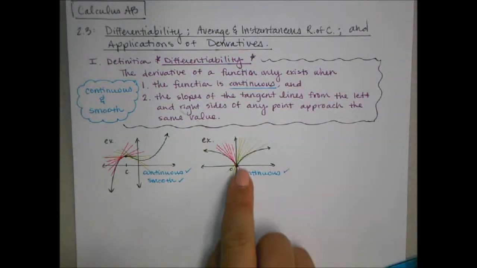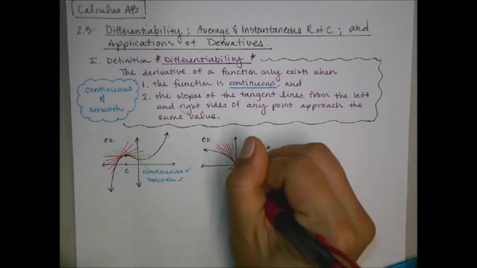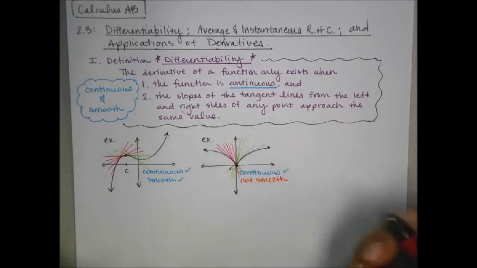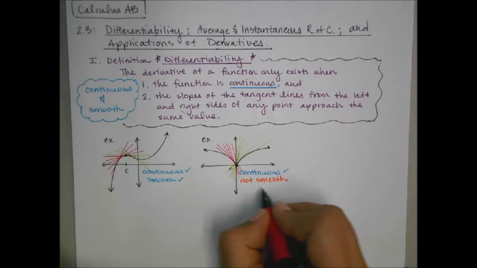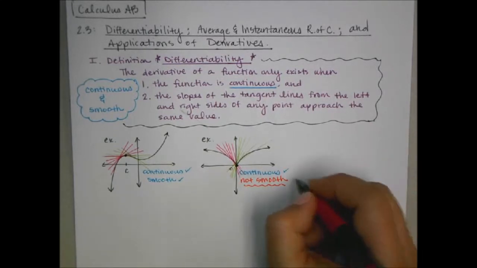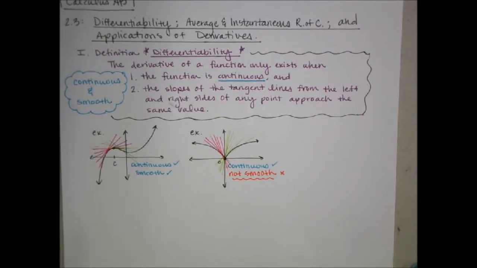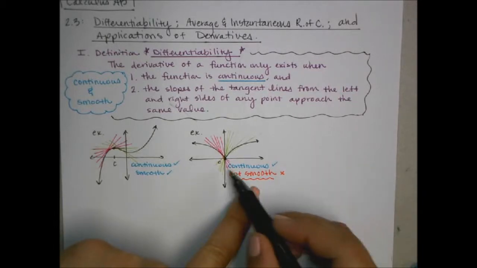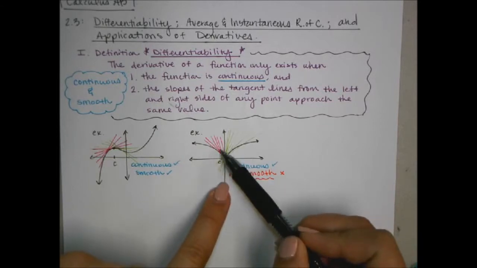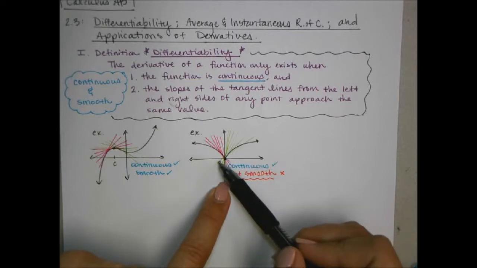It's not smooth though. We actually have a sharp turn or a corner, which means we're definitely not differentiable here at 0. So since it's continuous everywhere but not smooth, it's not differentiable. Although it is differentiable everywhere else where it is smooth, it's only not differentiable here at this point.